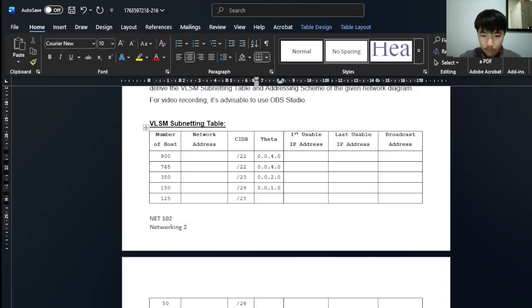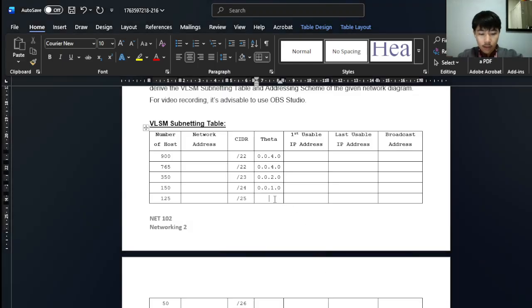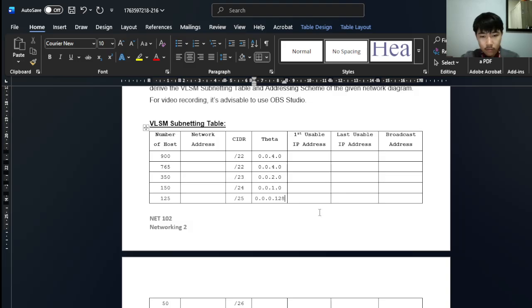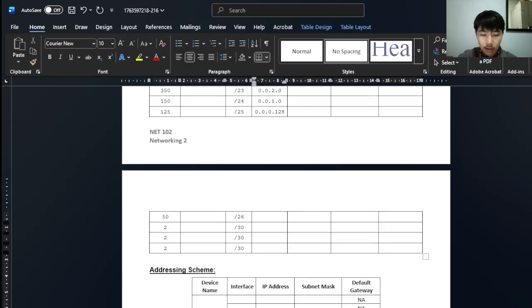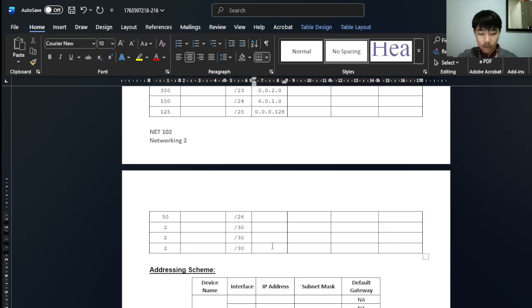For CIDR 25, it has a theta of 0.0.0.128. For CIDR 26, the theta is 0.0.0.64.